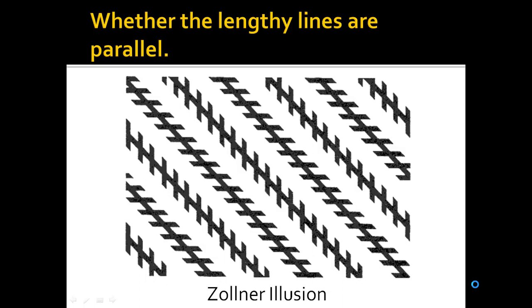If you look at these lines, they do not seem parallel to one another, whereas in reality these lines are perfectly parallel. It's only because the small lines on these lengthy lines have different directions that our perception of these lengthy lines changes.